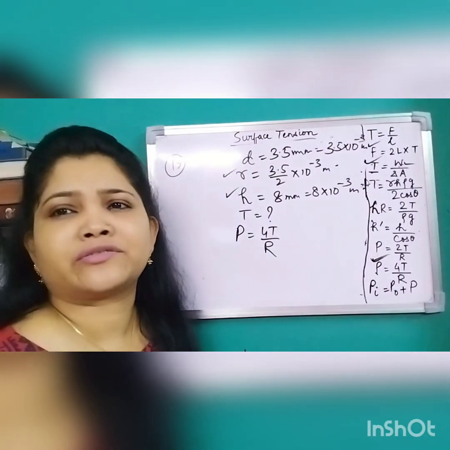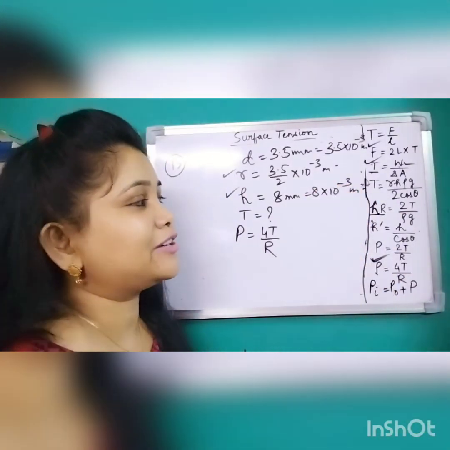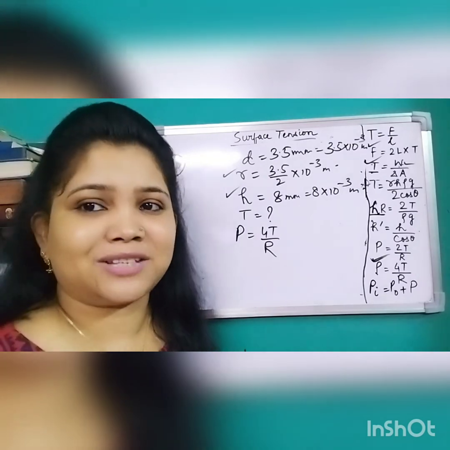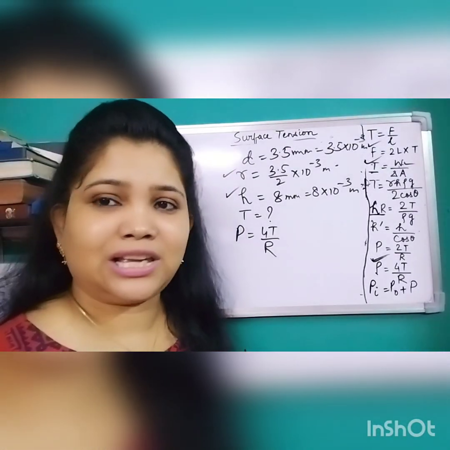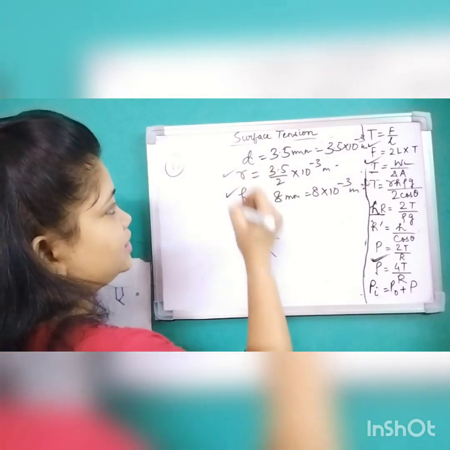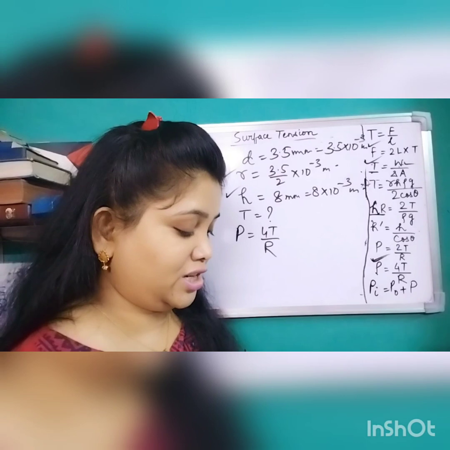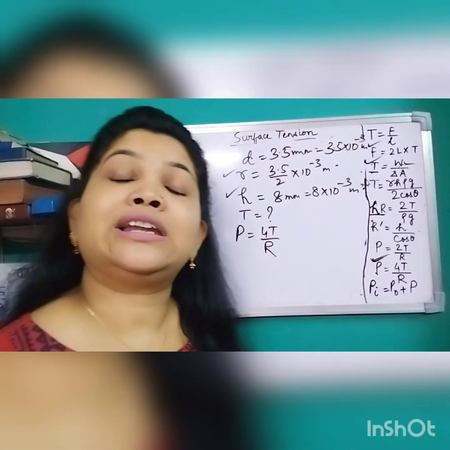So, here you can see here students, I have written a formula HR is equal to 2T by rho G. Okay. Or rather in easy form, we can write it as H rho G. Okay. Water column it's given. Okay. We can easily find out.